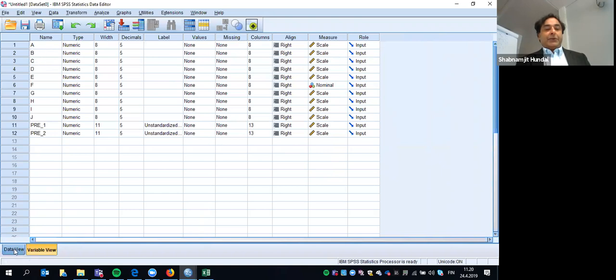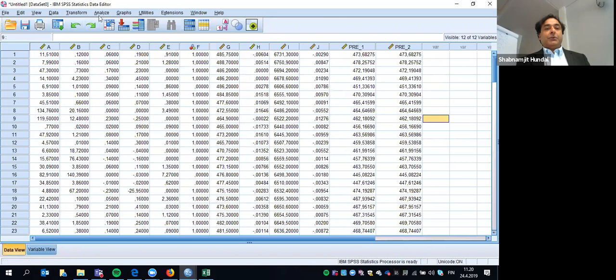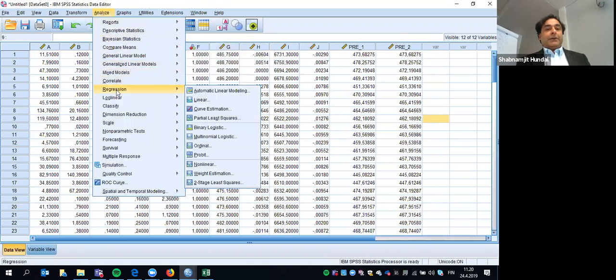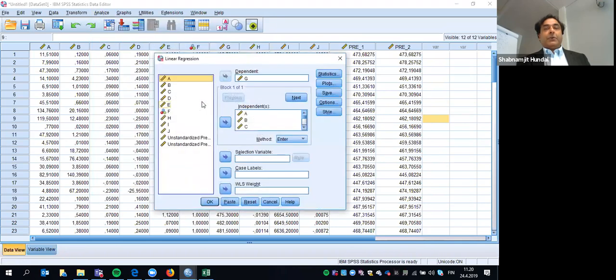Okay. And then the next thing you do is that you go to Analyze, Regression, Linear Regression. Okay. Then you pick who is your dependent and who is independent and move them to the activity area. This is the dugout, and this is the activity area.